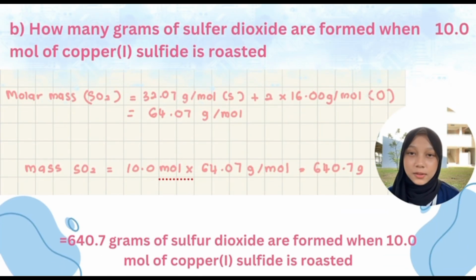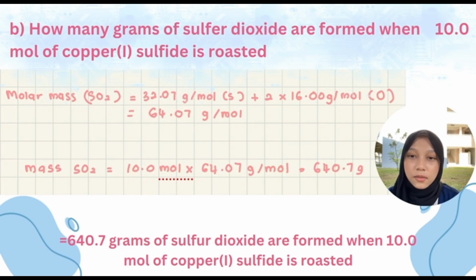Okay, for the second question, how many grams of sulfur dioxide are formed when 10 mole of copper sulfide is roasted? So you need to calculate the molar mass and mass of SO2, which is 32.7 gram per mole sulfur plus 2 multiplied by 16 gram per mole oxygen, and then you will get 64.7 gram per mole.